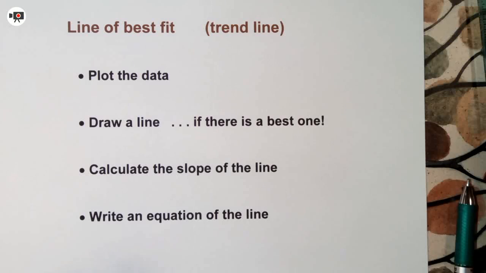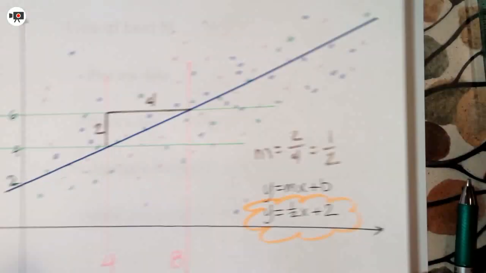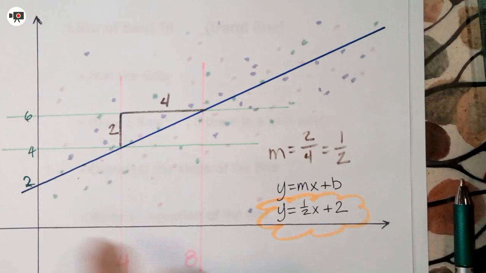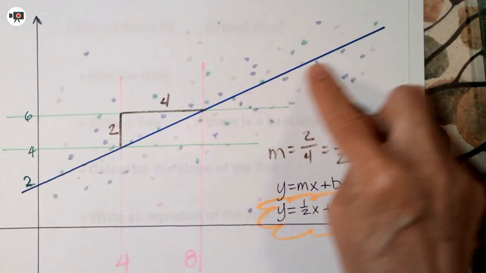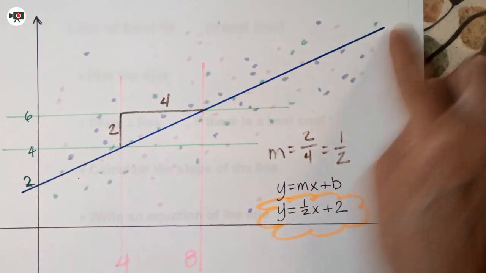We call the line that we drew a line of best fit. It fits the data the best we can, just by looking at it. Or a trend line, it shows us a trend. And one thing you could do with a trend is say, well, here's the equation, and it's going to keep on going.